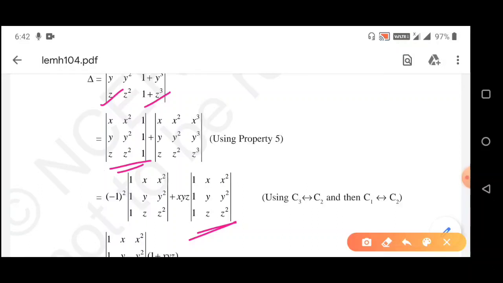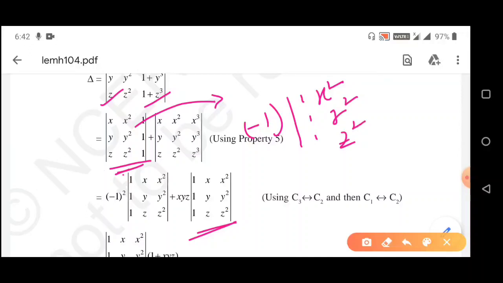So this will become minus 1 into 1, 1, 1, x square, y square, z square, and here we will have x, y, z.